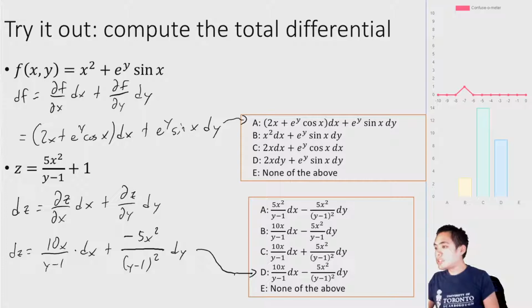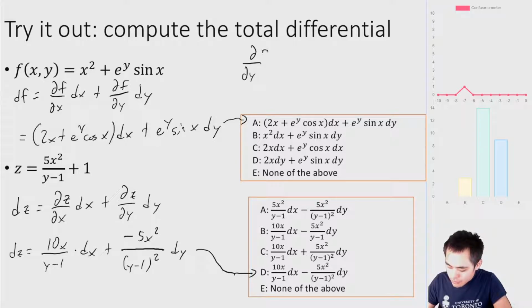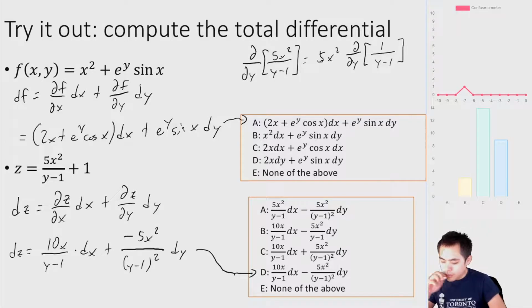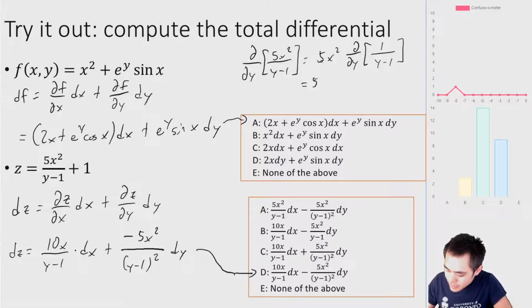Can you just break down how to do the second partial derivative? Oh, yeah, sure. Let me do that, because we want to all be on the same page. So if you have the derivative with respect to y of 5x squared over y minus 1, you can treat x as constant, so that's 5x squared times the derivative of y minus 1 to the minus 1 power.